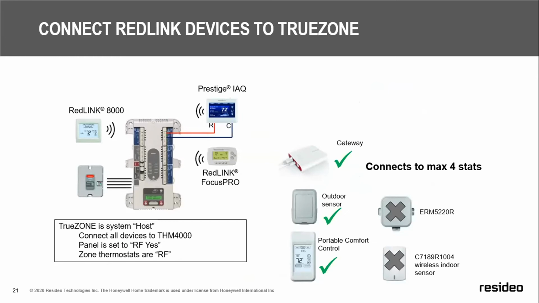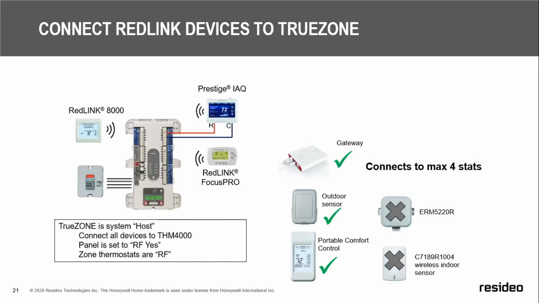Okay, so what I want you to understand is with these zoning panels, you already know that we can use the gateway, we can use the outdoor sensor, and the portable comfort control. But one of the neat things that we brought to the marketplace is the ERM device if you don't have enough wires to the outdoor unit, but you're not able to utilize that in a zoning application.